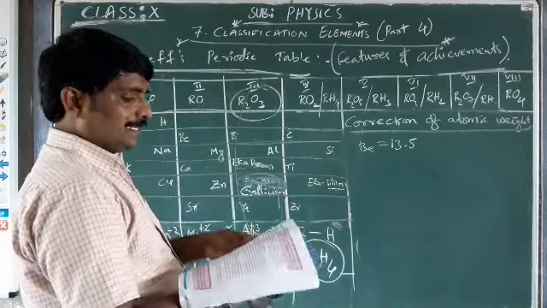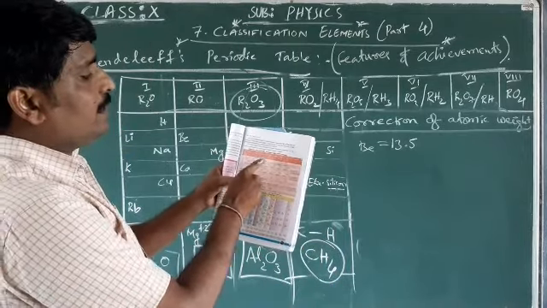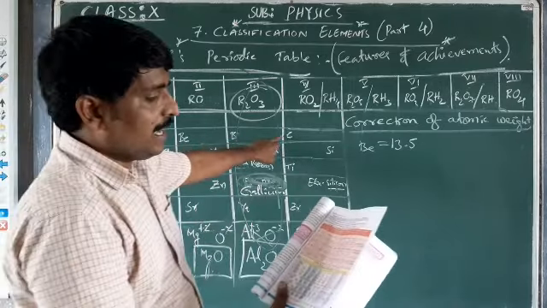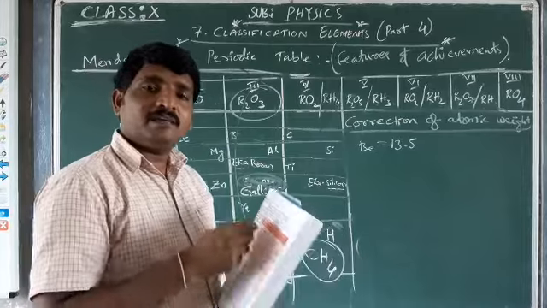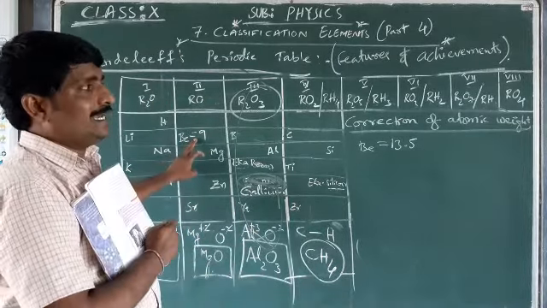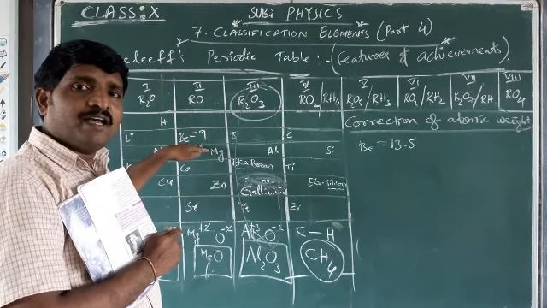See here, in ascending order it has been placed: 1, after that 7, after that 9.4, then 11 and 12, and it goes on. Beryllium's atomic weight is actually 9, and it was corrected by Mendeleev. Before that it would have been 13.5.